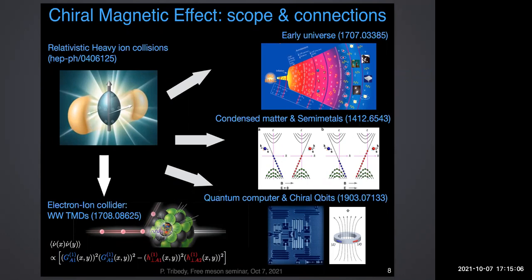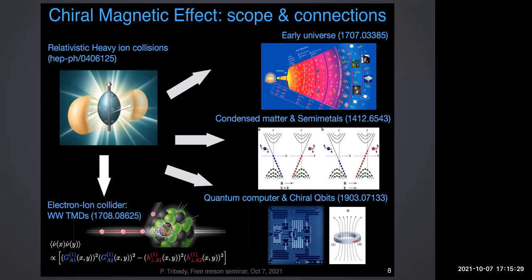The T-odd feature of the CME was also realized to have connections with phenomena like superconductivity. And this is a recent paper where it was realized that in quantum computers, you can replace the qubits with chiral qubits, and in future you could build quantum computers based on these phenomena.